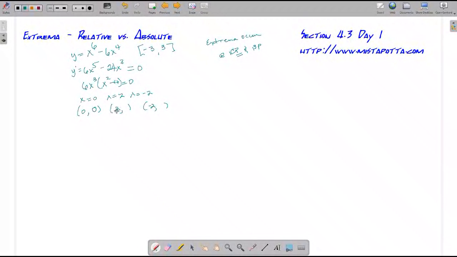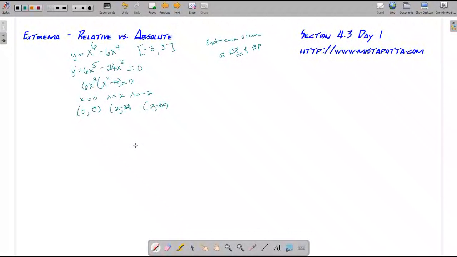If I take 2 to the 6th, that's going to be 64, and 64 minus 96 is negative 32. And because we're dealing with an even function, this y value is going to end up being the same thing. So I've got my 3 critical points.